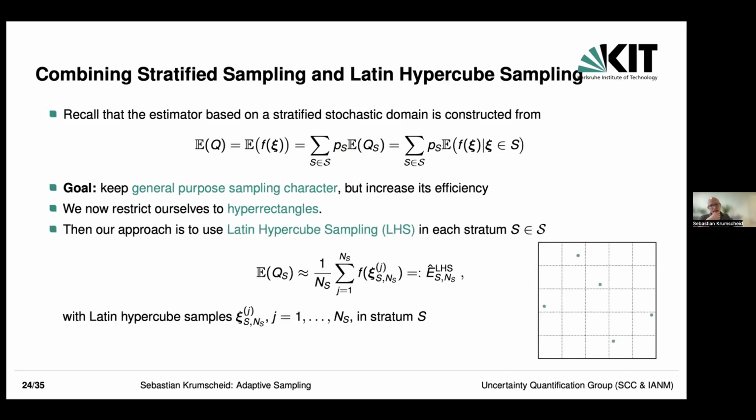The idea of Latin Hypercube Sampling is very simple, similar to stratified sampling, but instead of stratifying the entire domain, and here's a sketch for 2 dimensions, I'm only stratifying each marginal. Let's say I have 2 dimensions, psi1 and psi2, and I want to sample 5 random variables, 5 samples.